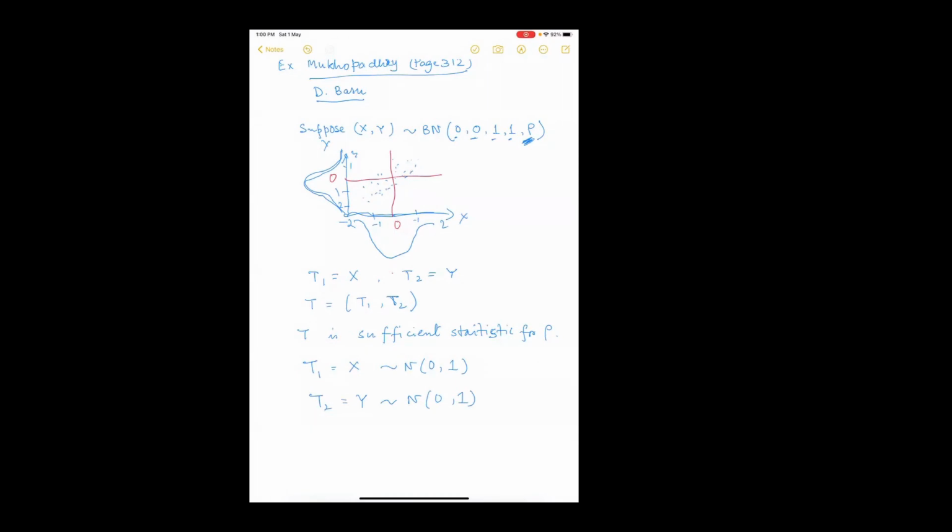But jointly, they do contain all the information about rho. You understand? So T1 is ancillary for rho. T2 is also an ancillary statistic for rho, but jointly they are sufficient for rho.